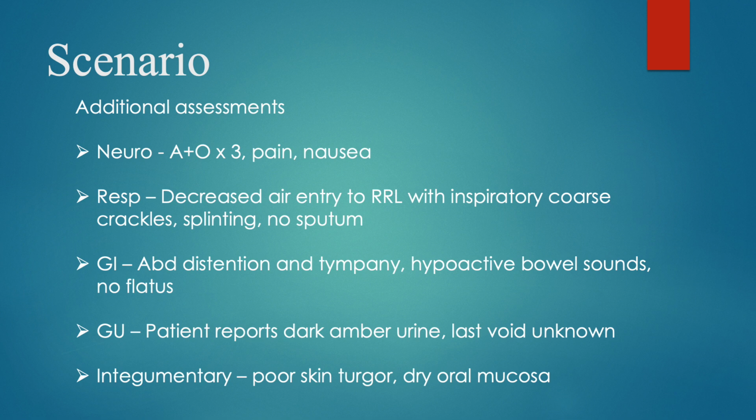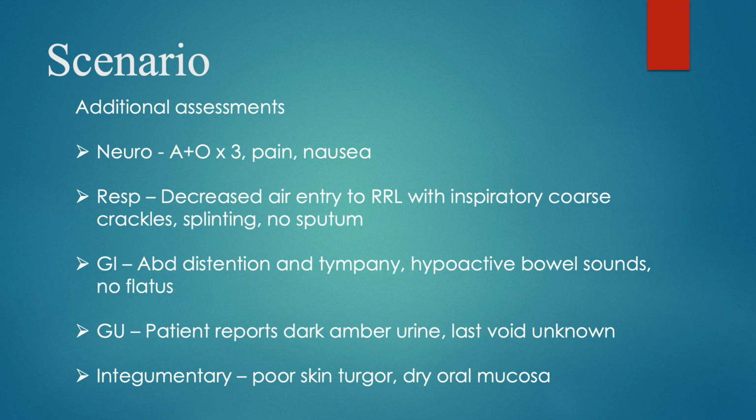Additional assessments for this patient include patient is alert and oriented, complaining of pain and nausea, decreased air entry to right lower lobe with inspiratory coarse crackles, splinting, and no identified sputum. Abdomen is distended with tympany, hypoactive bowel sounds, and no flatus. The patient reports dark amber urine, last void unknown.